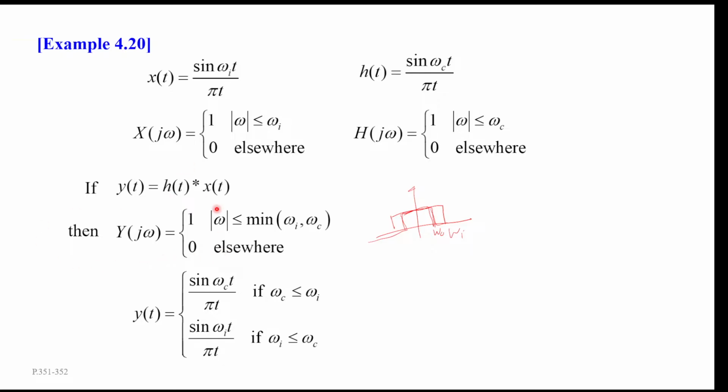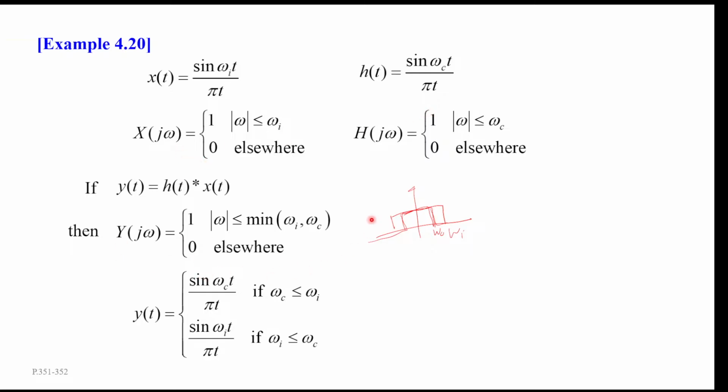Then we first calculate the big Y, and we see that big Y is an interesting function. You have the multiplication of this signal and this signal, and they are trying to filter out each other, and in the end you get another block wave, but the width here is the smaller of omega c or omega I, because whichever is bigger, that portion is going to be multiplied by 0, and 1 multiplied by 0 is going to be 0.